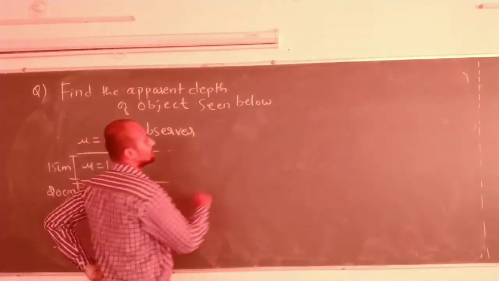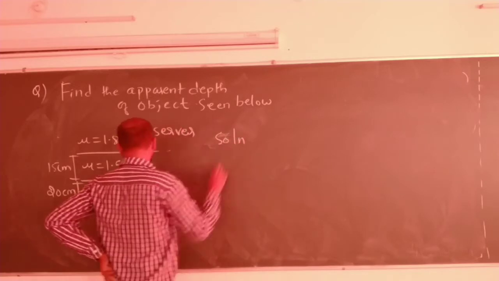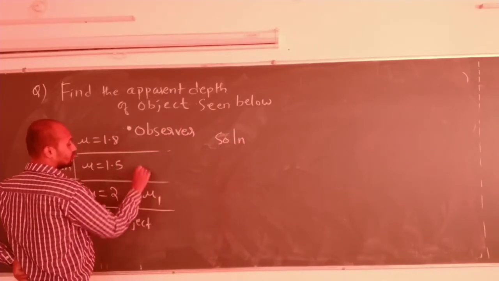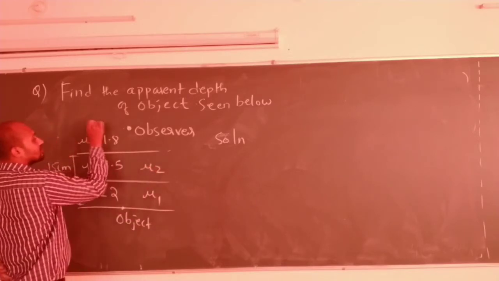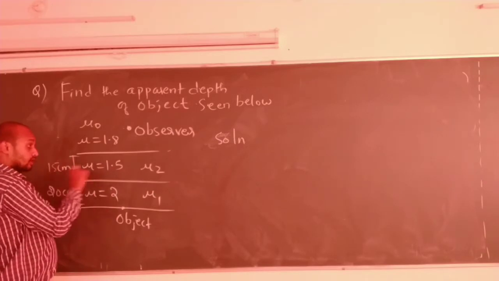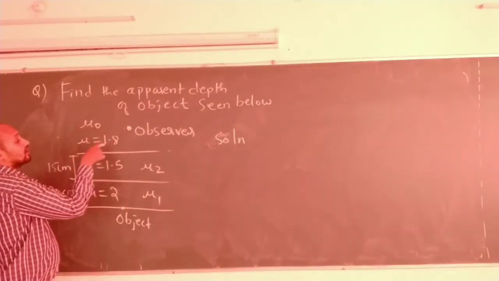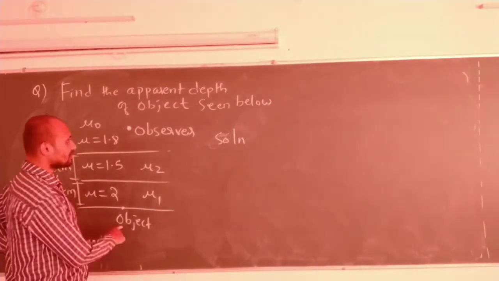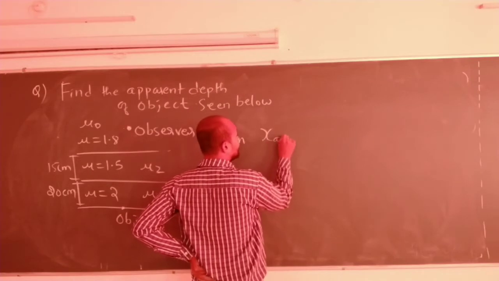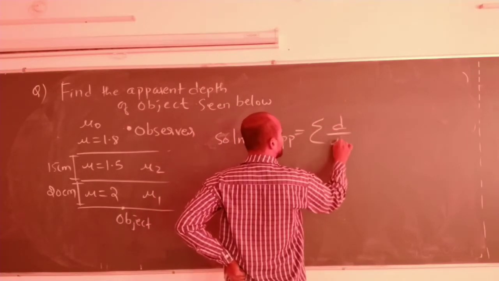So the apparent depth solution, let me consider this as mu1, this as mu2. Mu1 is equal to 2, mu2 is equal to 1.5 and mu0 is equal to 1.8. Correct now? If I consider like that, we know that apparent depth is given by summation of d divided by mu.